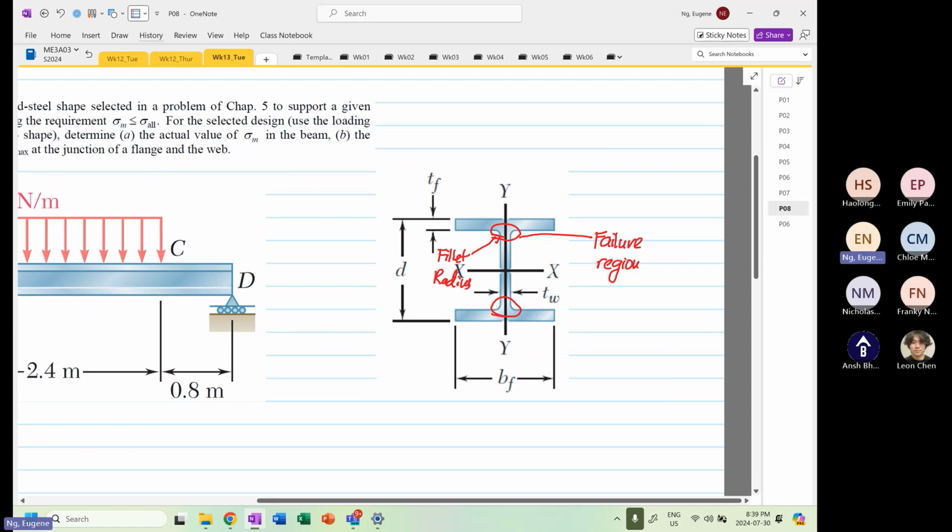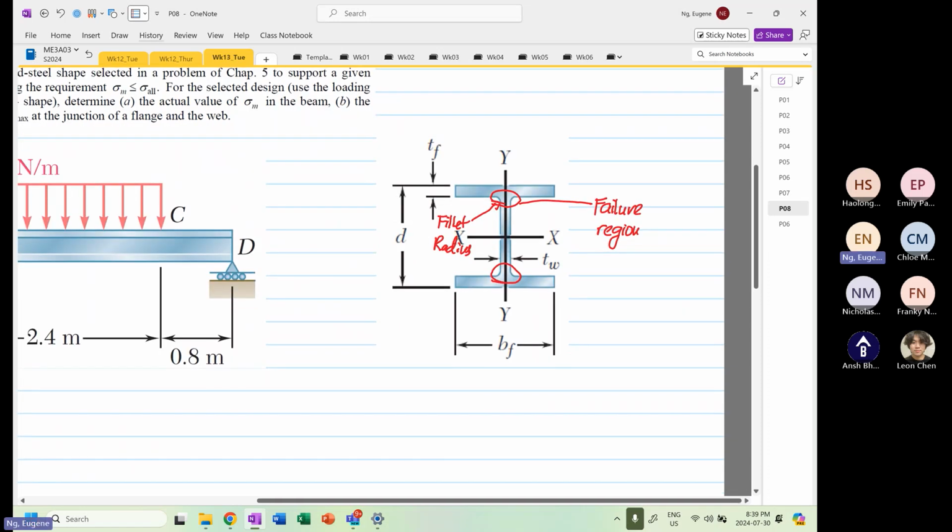I will not teach that in this course. Those of you who are in mechanical engineering will learn this in 3E03, which is the next course that you're going to do. The fillet radius is a stress concentration.